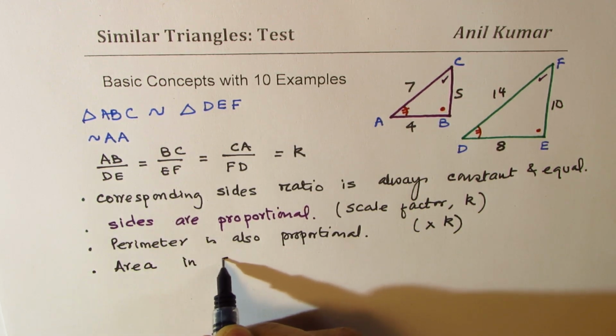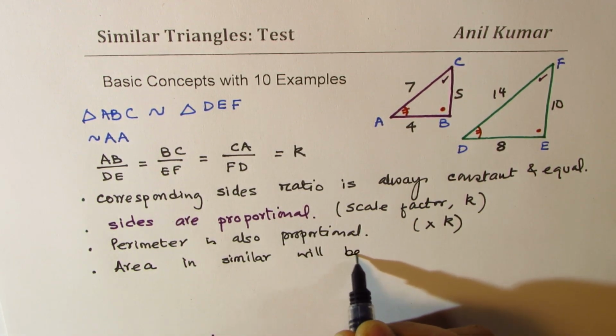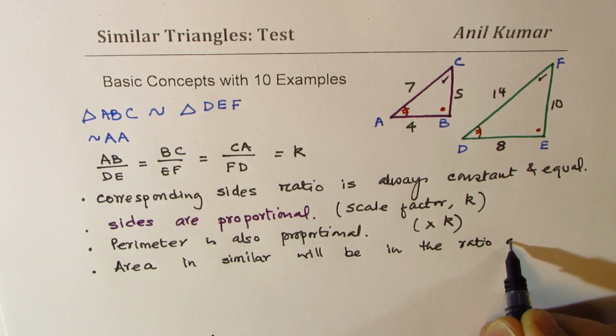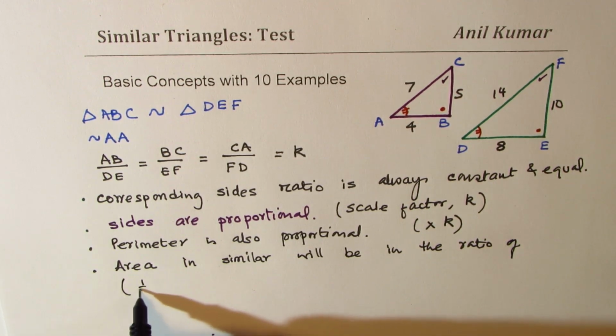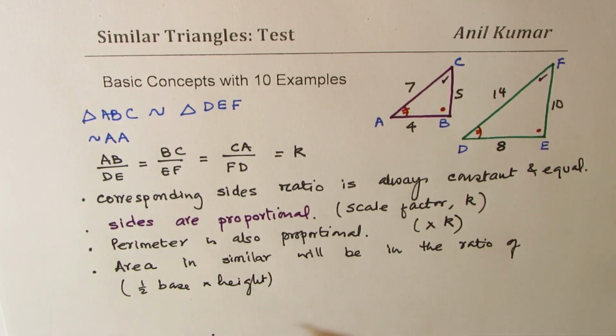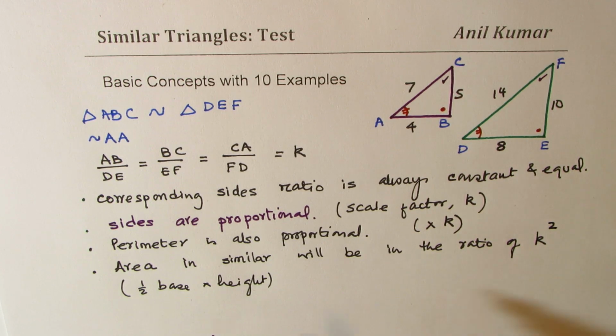So area in similar triangles will be in the ratio of what? Now area basically means half base times height. Now each side has a factor of K, therefore the ratio here will be not just K but K squared, because there are two sides involved. So as far as the area goes, it becomes K squared times. So I hope this concept is clear, right?